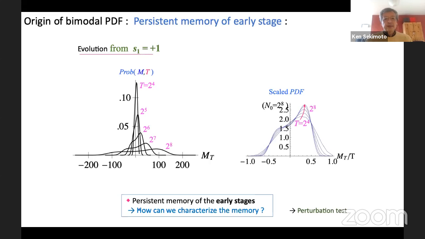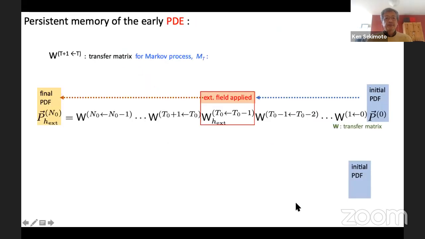Knowing that there is a persistent memory in this system, we try to characterize this memory by using some perturbation test. The evolution of the probability distribution is described by the transfer matrix for the Markov process. Starting from the initial probability distribution function P0, we multiply the transfer matrix step by step.